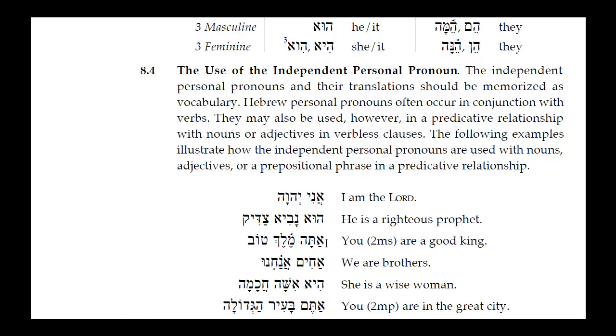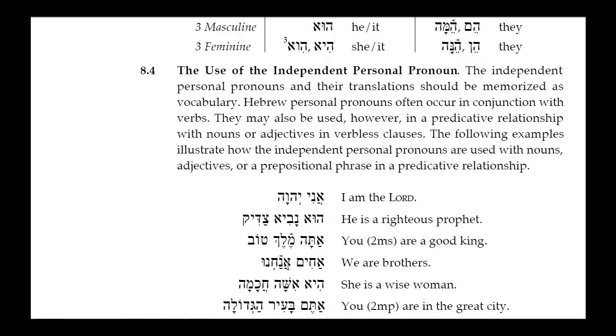Ata is you, masculine singular, are a good king. It's just stating a quality about the king, that he is a good king. Tov is an attributive adjective. It's saying what type of king. And you is just being used as a personal pronoun here.